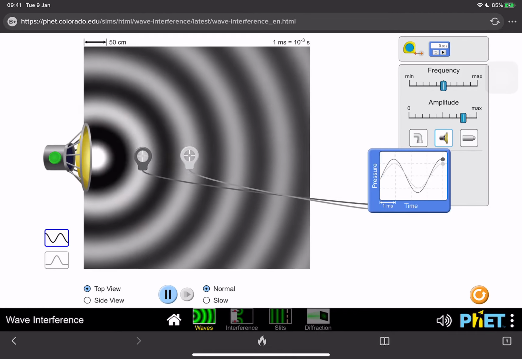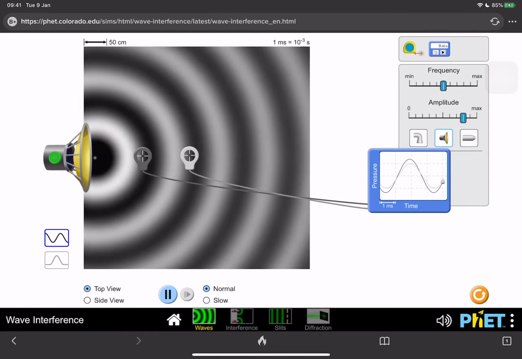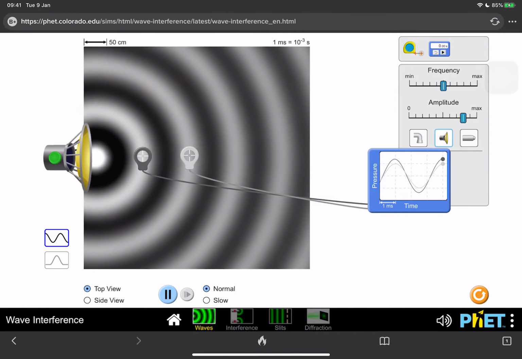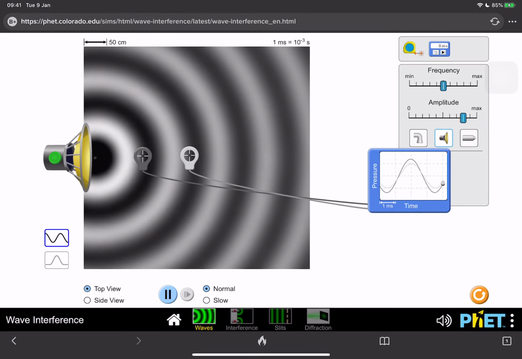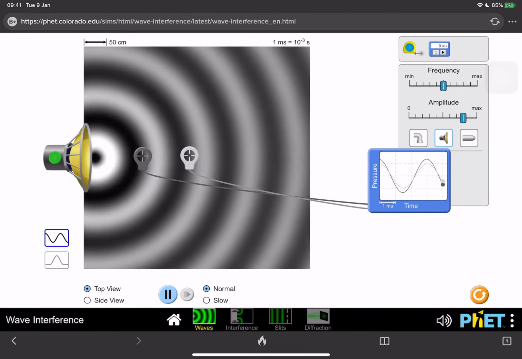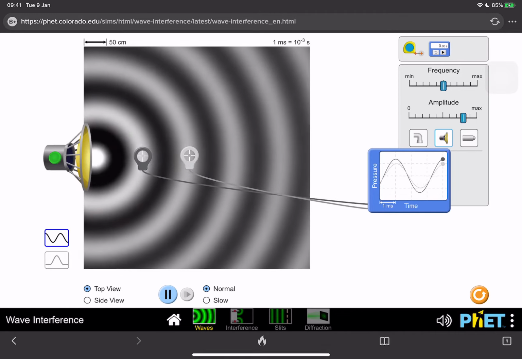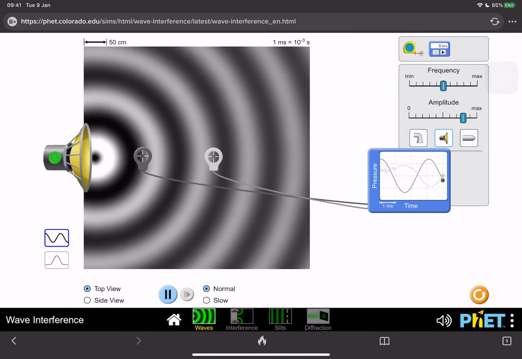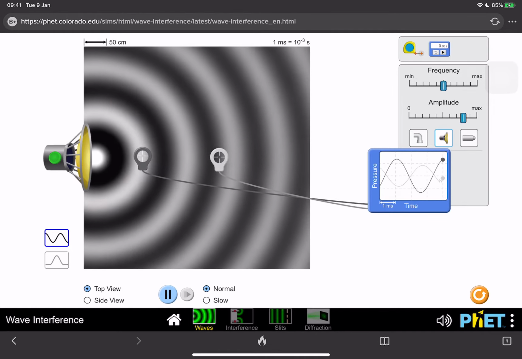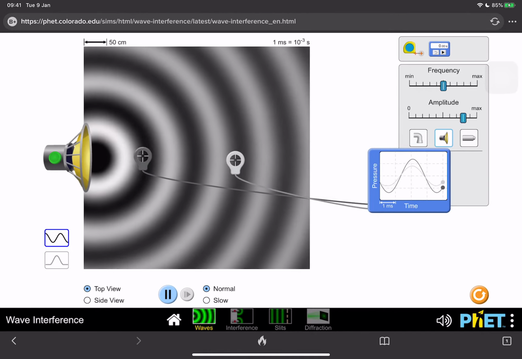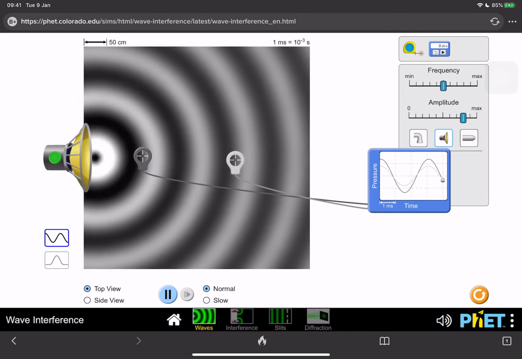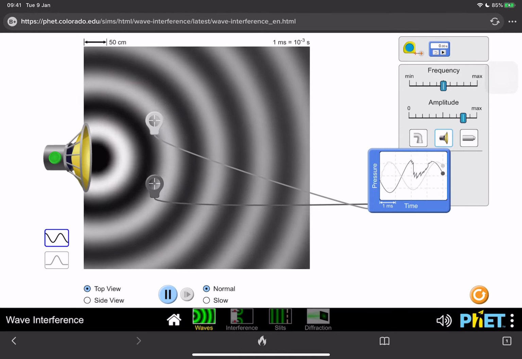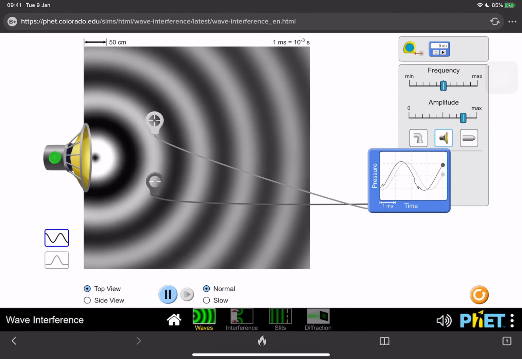Even though the amplitude is a little bit different because the light one is further away from the source compared to the dark one, there's nothing we can do about that, right? And then if you move further away, it becomes out of phase again and then in phase again, right?